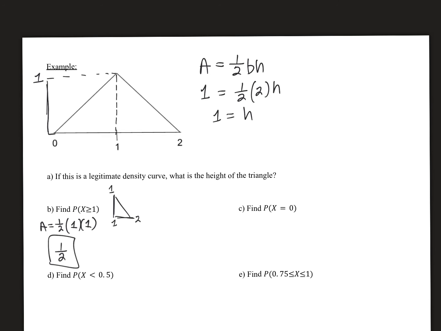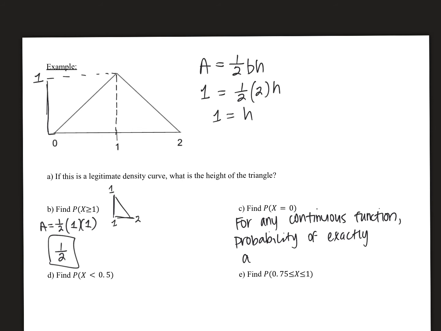Okay. Probability that x is 0. So for any continuous function, the probability of exactly a value is 0.